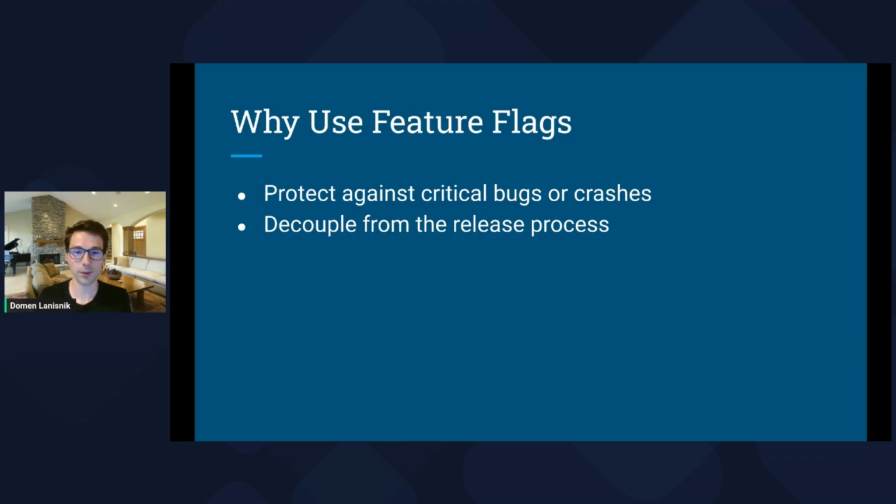If you're using a feature flag and the entry point is behind the feature flag that's turned off, you can release the feature after you're finished, so after 2 weeks, and then after the backend is finished, you can simply turn on the feature flag and the feature is available to the users.